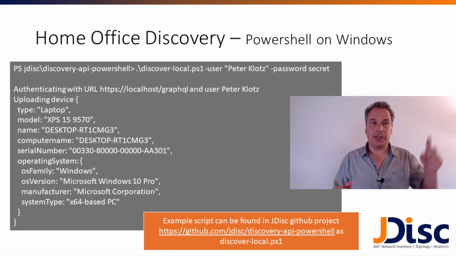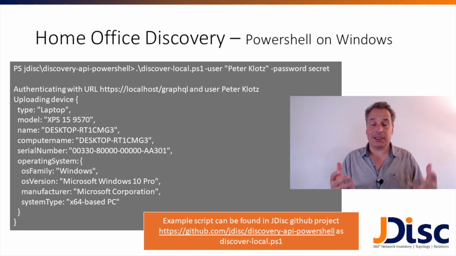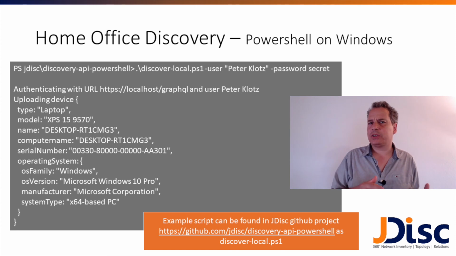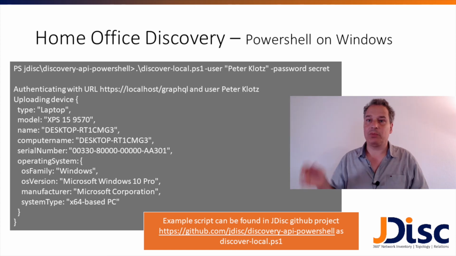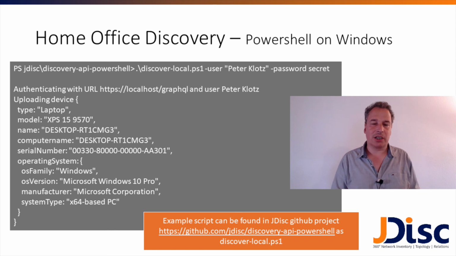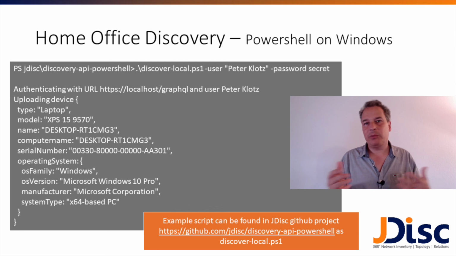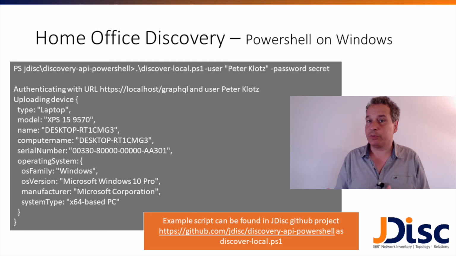You see here that it collects information from the local machine using WMI in this case, creates a JSON object that corresponds to the device specification, and then uses the JDisc Discovery Upload API to put that into the Discovery database. And now we have up-to-date information about this device, maybe also the list of applications installed on it, the users that are logged on, the devices connected to it, and we can do our usual checking, reporting and governance on that device as well.